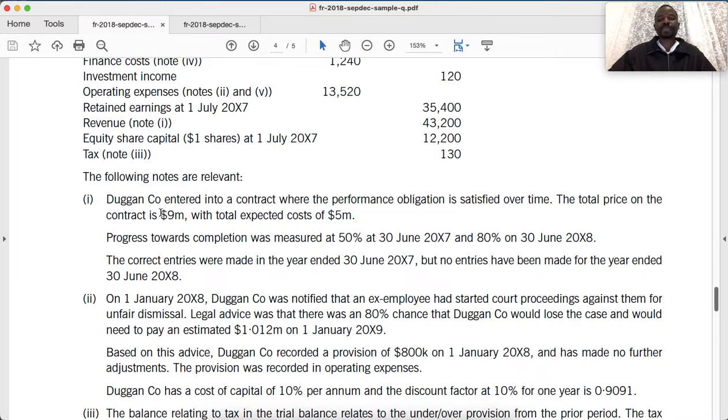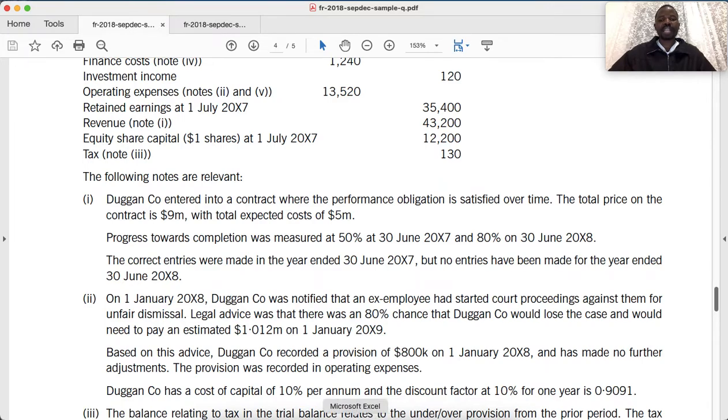So we record 30% of the contract price as revenue, and the total expected cost of 5 million, 30% of this 5 million is cost of sales. Why 30%? Because we have already recognized 50%, so the current period, the cumulative is 80. So we say 80 minus 50, we get 30%.